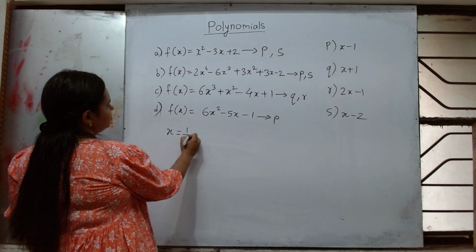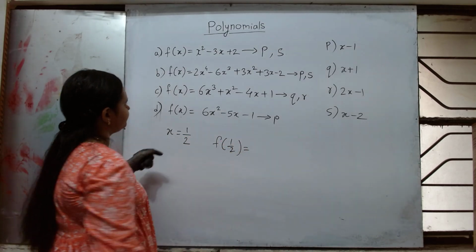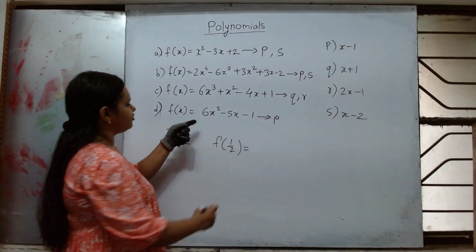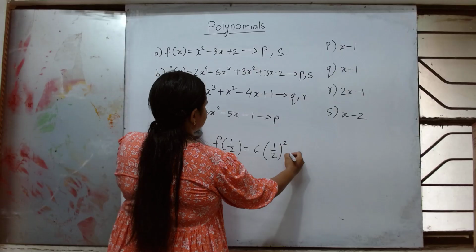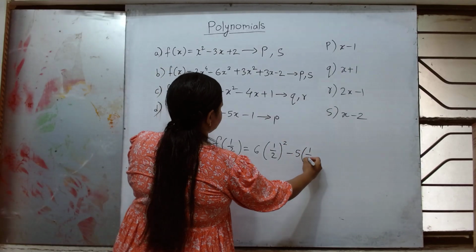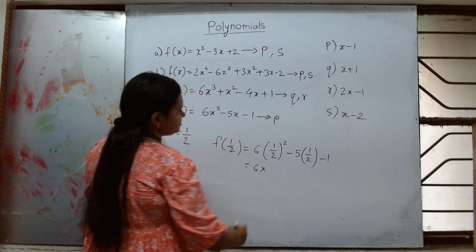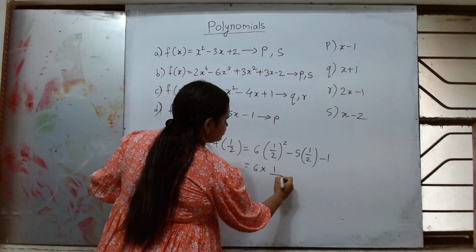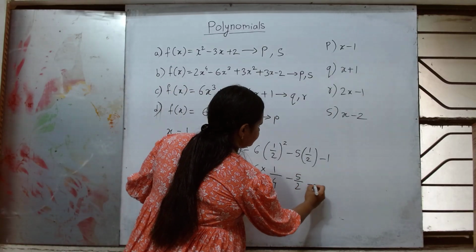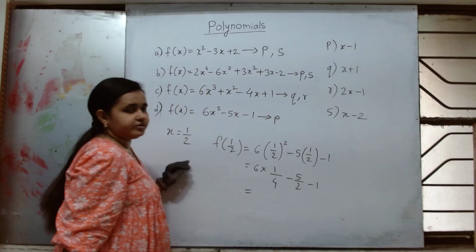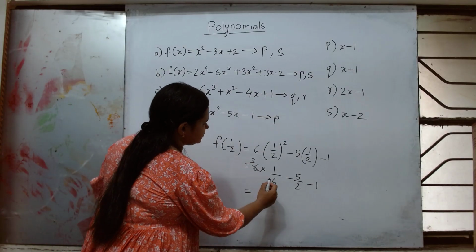Now for 2x minus 1, x is equal to 1 by 2. So f of 1 by 2 is equal to, putting 1 by 2 instead of x, 6 into 1 by 2 square minus 5 into 1 by 2 minus 1. So it is 6, 1 square is 1, 2 square is 4, minus 5 by 2 minus 1. If we divide by 2, 2 threes are 6, 2 twos are 4.